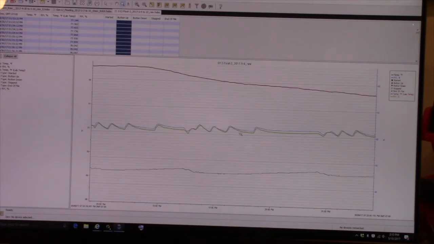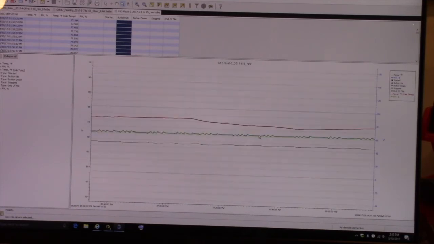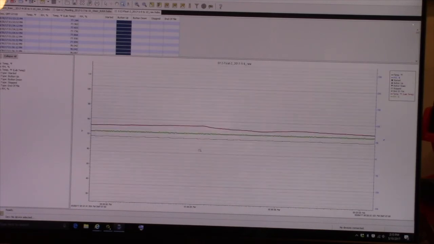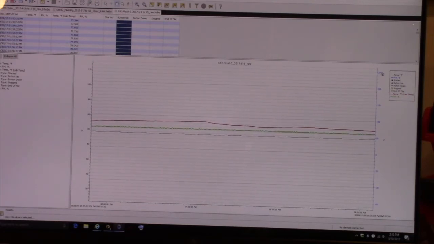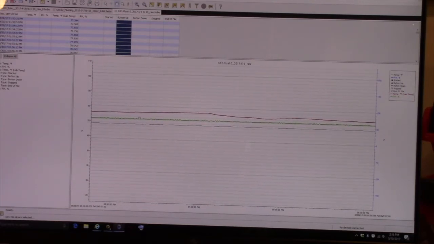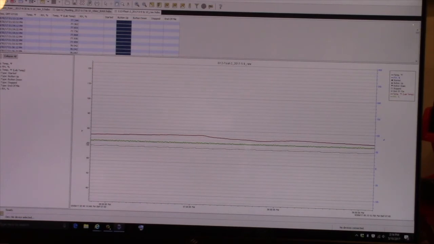I can zoom this back out a little bit. Well, this is a little unfair probably, because I've got ranges up here at 110 and RH is at 250. I mean, that doesn't make any sense. So this just makes it look too good because the scales are out of whack.